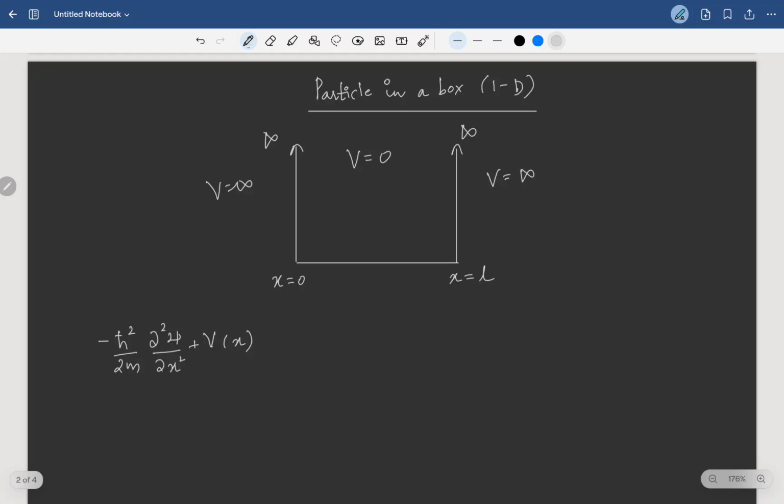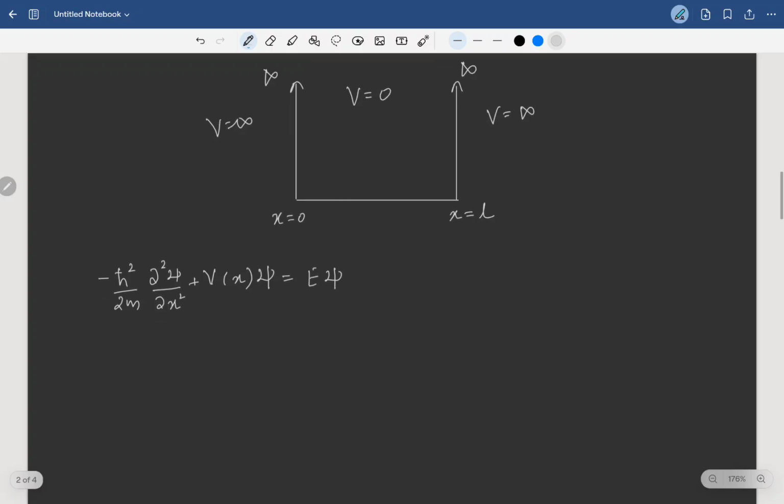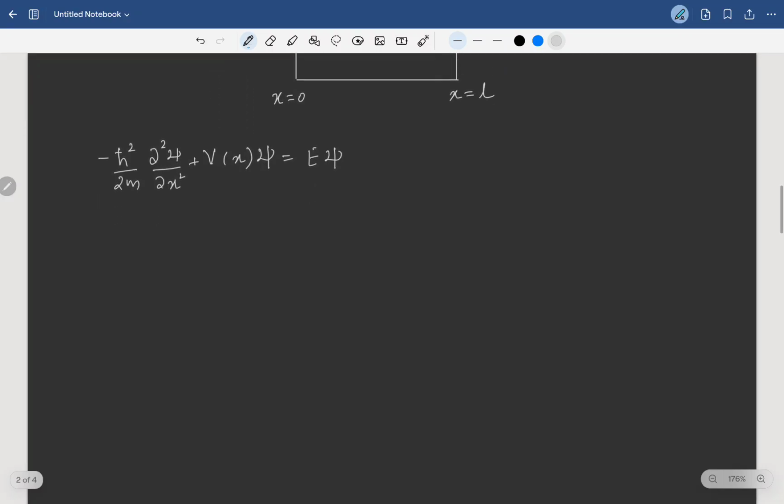So the particle is confined between x equal to 0 and x equal to L. So this is Schrodinger's equation.